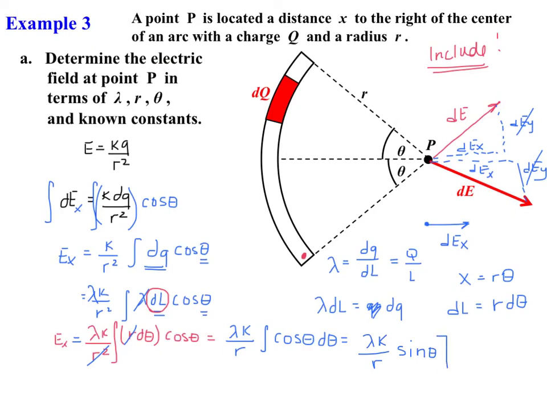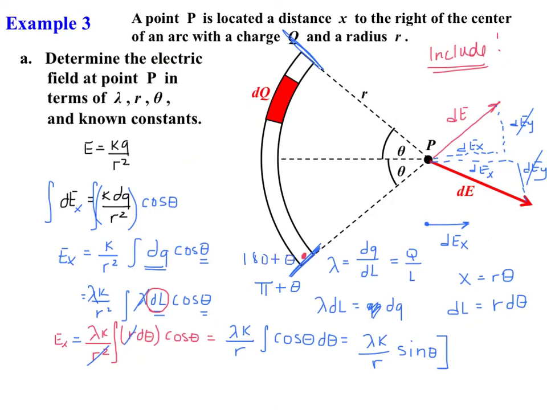Now my limits are going to be from this point all the way up until this point. Your limits can either be in radians or degrees, depending on whatever your calculator is set to. So, in this case, this is going to be my final limit, which is pi plus theta, or 180 plus theta.